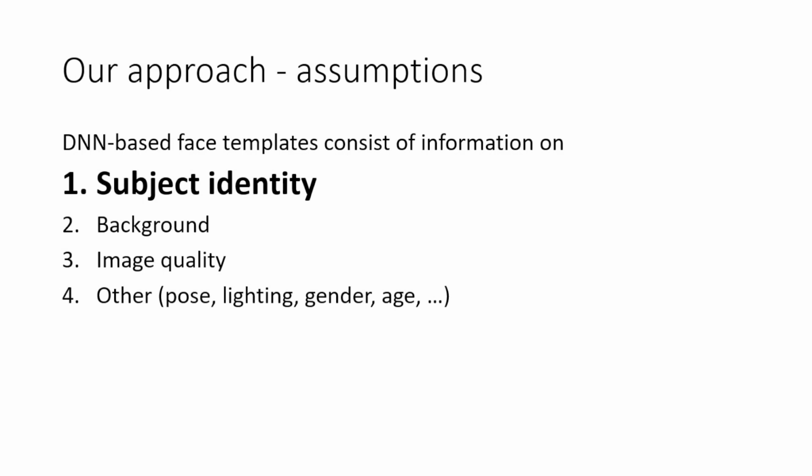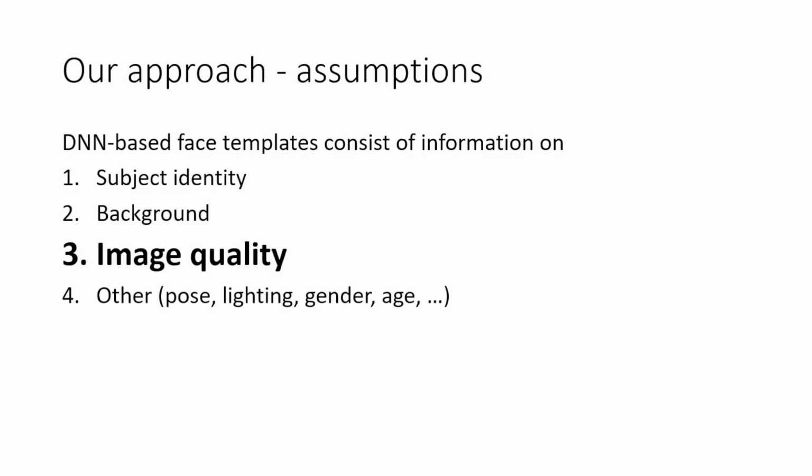For the problem of face recognition, all the other sources of variability in the face templates basically represent noise to us. And specifically, we're trying to get rid of the information related to the effects of different image quality in the probe and gallery image templates.